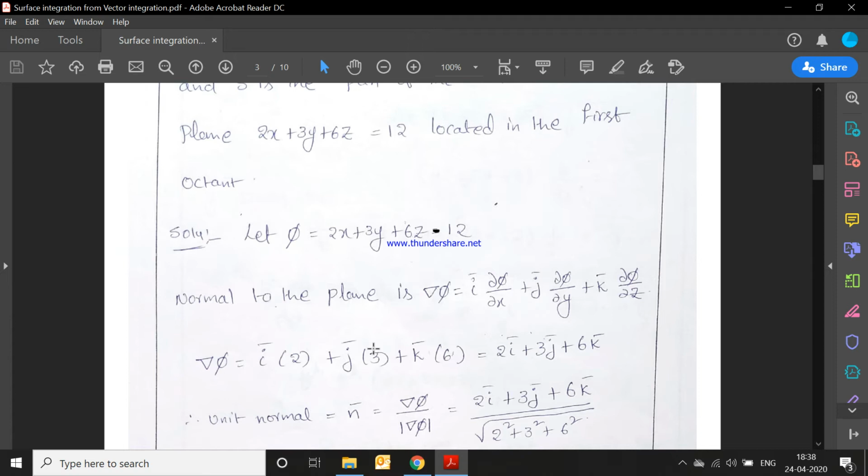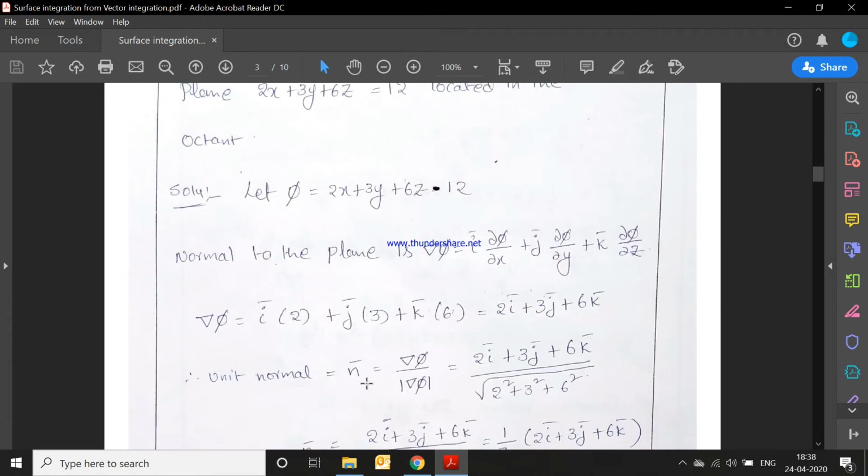Then j bar into 3, plus dou phi by dou z is 6, since x and y are constants here, and the derivative of 6z is 6 into the derivative of z, which is 1. So we get 2i bar plus 3j bar plus 6k bar.